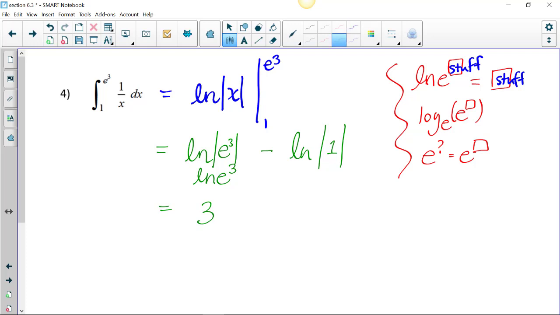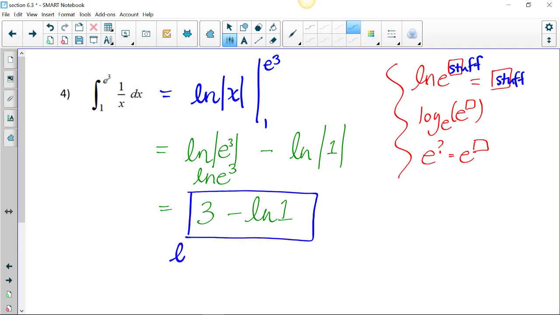So that becomes 3 minus the natural log of 1. So once again, if you're asked for exact, here is your exact value. Oh, wait a minute. Wait, we can do one more thing. What's the natural log of 1? That's actually an exact value that we do know.